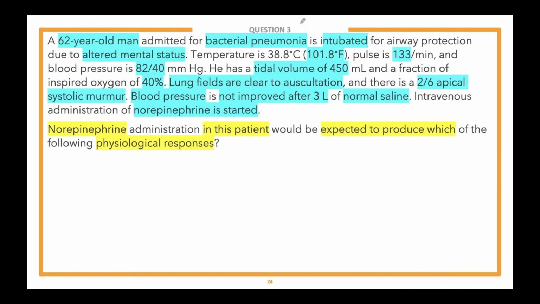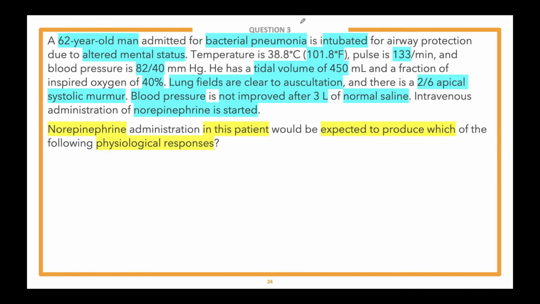They then tell us about his blood pressure, it's not getting better, and so they started norepinephrine. Now we knew off the bat, because Sean had read that lead-in question, that this question was focused on norepinephrine, and they were asking us about the physiologic response. So in this question, they're asking us, norepinephrine in this patient, what kind of physiologic response would be expected to be produced?